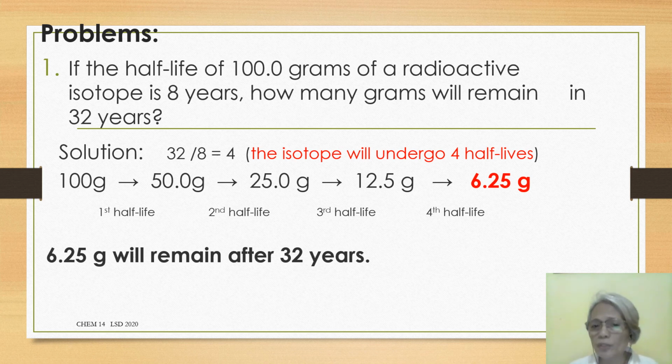After the third half-life, it will be 12.5 grams, and after the fourth half-life, half of the 12.5 grams will remain, which is 6.25. So after the 4 half-lives and after 32 years, the 100 grams radioactive isotope will be reduced to 6.25 grams.